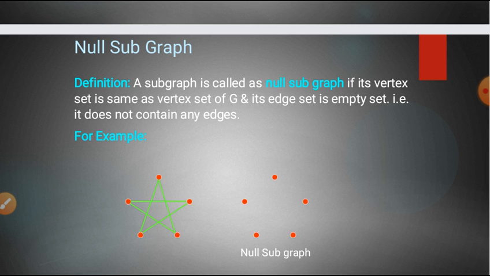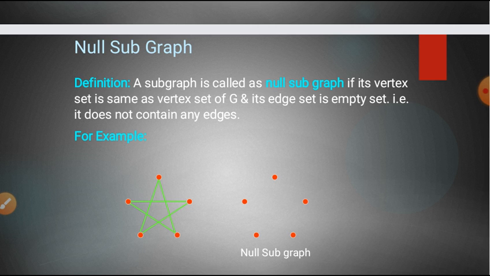That is, it does not contain any edges. For example, in the first diagram we can see 5 vertices, 1 2 3 4 5, with edges.